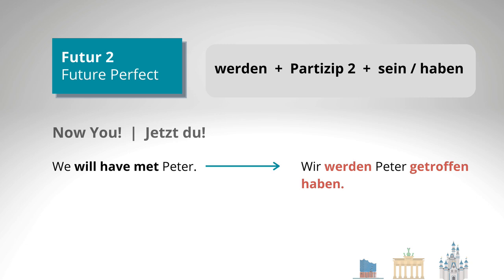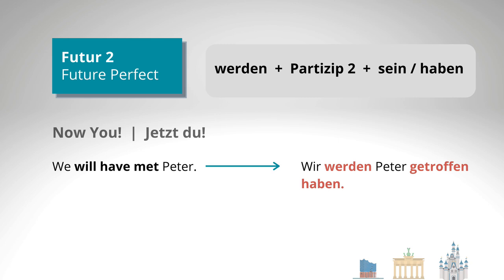And if we want to translate that into German, we need to use werden plus the Partizip 2, past participle of treffen, to meet. And then we add haben, because treffen doesn't involve any form of change or movement. So the conjugated version of werden is wir werden. So the sentence starts with wir werden.